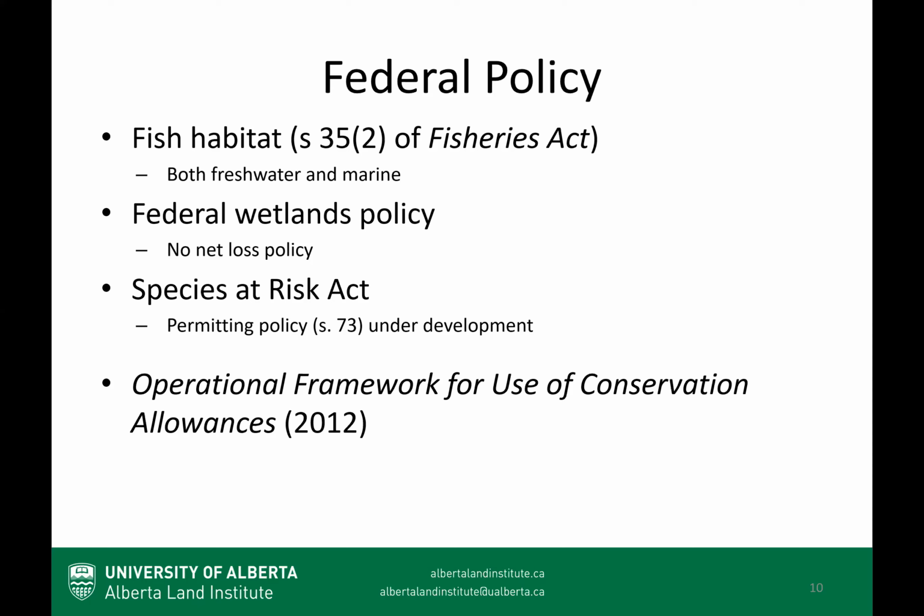And the federal policy requires that if that is the case, equivalent fish habitat will be produced on an offset basis. Federal wetlands policy, which applies on federal lands and federally regulated projects, requires no net loss for any disturbance of wetlands.